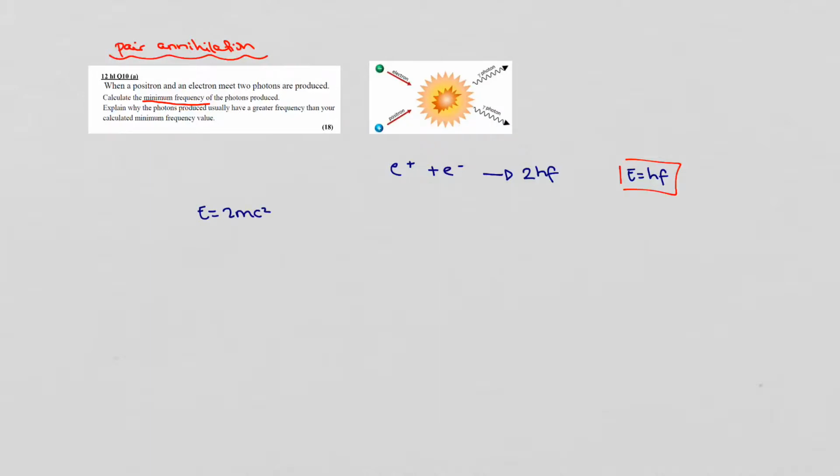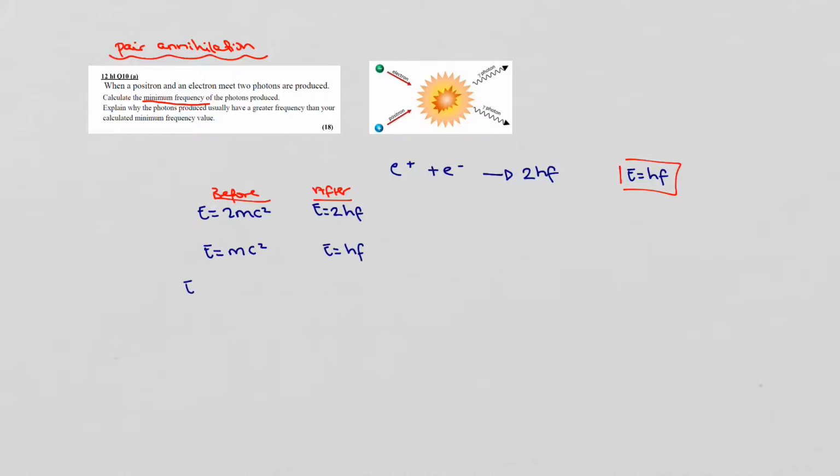So we'd have before and then after. The 2 actually cancels out, so we don't need to do that, you just divide by 2. Instead we're just looking for the frequency of one of the photons, because they both have the same frequency. So we can just say E equals mc squared beforehand, and that will equal E equals hf afterwards.